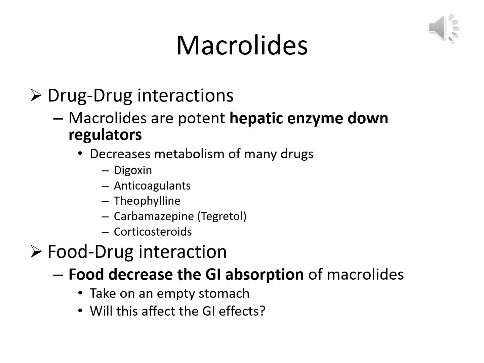And so, for example, we've talked about digoxin, our anticoagulants, so now all of a sudden we start having bleeding episodes. Theophylline, the asthma medication that has central nervous system toxicity, so we start seeing that. The same with carbamazepine. That's an epileptic drug, which causes suppression of the brain, and then also our corticosteroids.